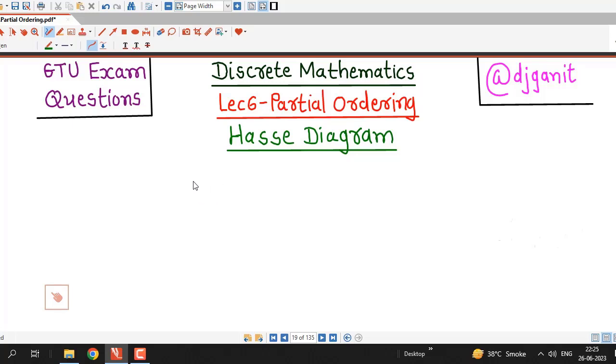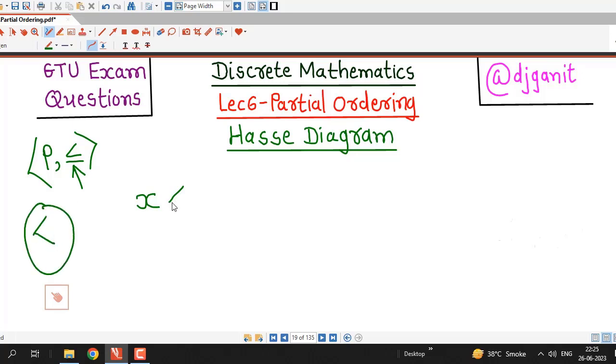Now before going to the Hasse diagram, we recall the notation which we discussed in lecture number 5. For every partial ordering denoted by less than or equal to, we can associate another relation which we denote by less than.